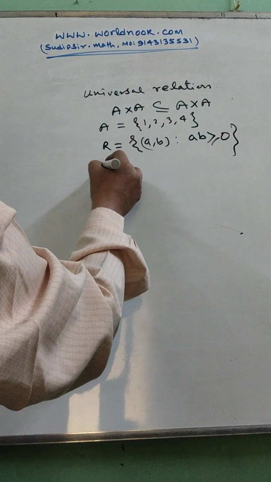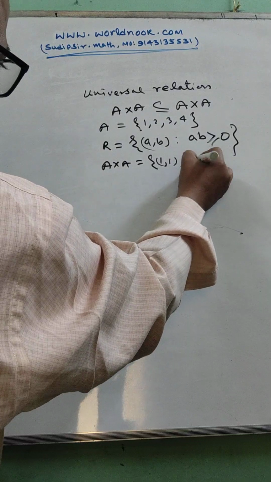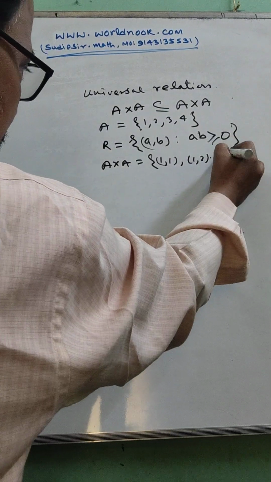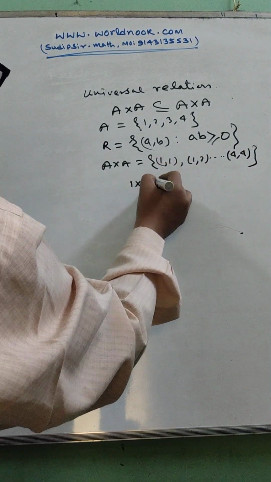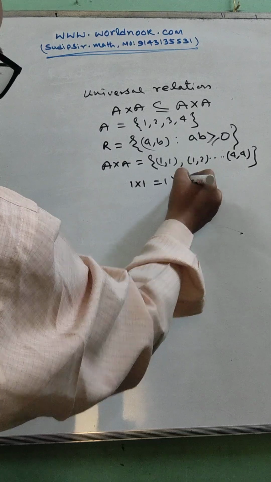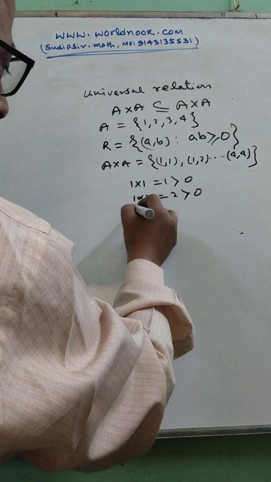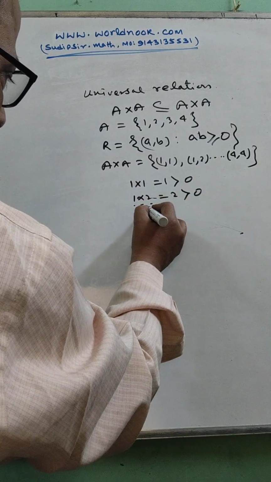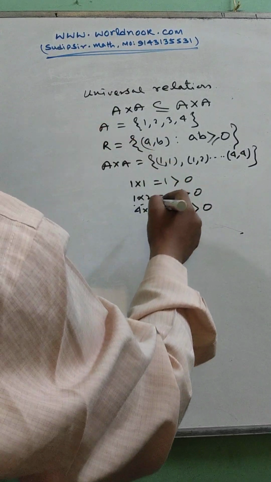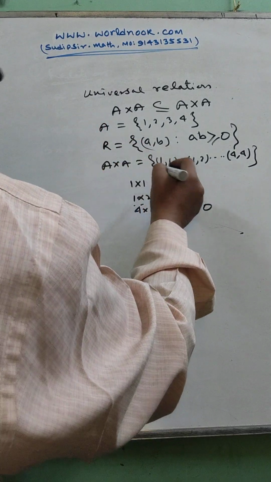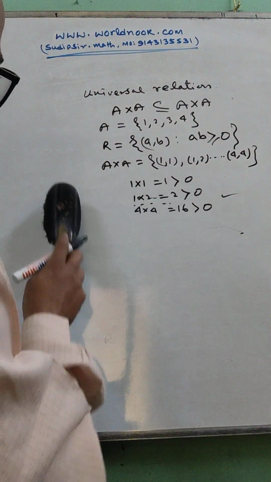So for all ordered pairs of A cross A, (1, 2) like this up to (4, 4), all ordered pairs, 1 into 1, that is 1 greater than 0, 1 into 2, that is 2 greater than 0. So all are greater than 0. So this relation is said to be a universal relation. This is the universal relation.